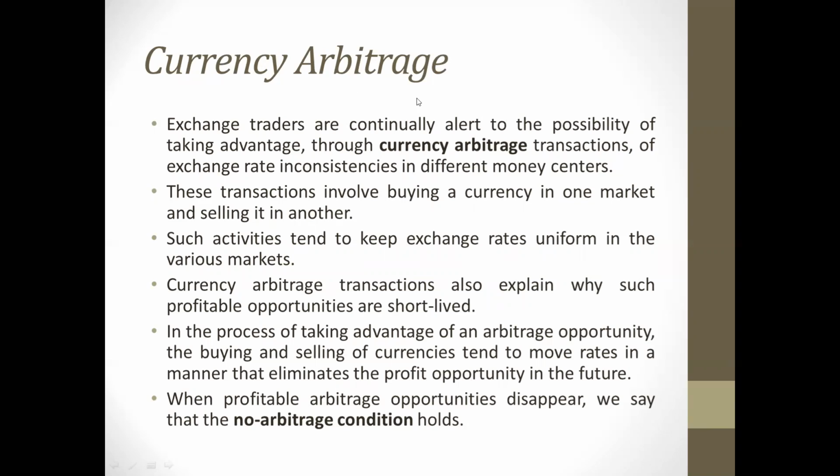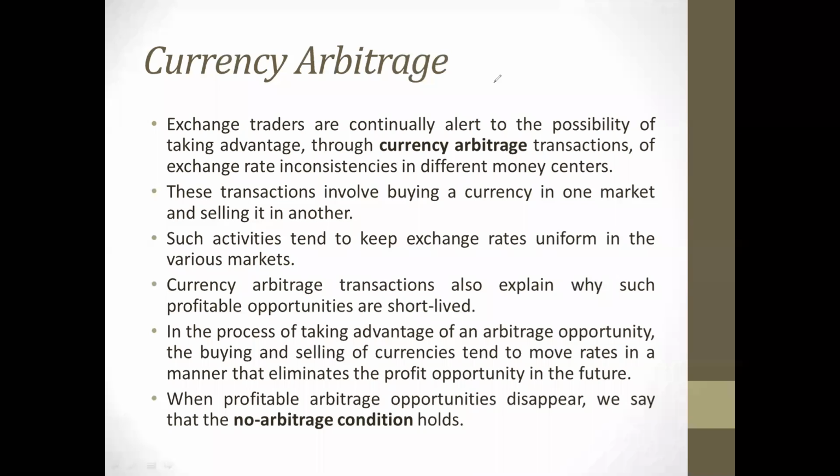So arbitrage can happen in the commodity market as well as the currency market, asset market, and interest rate market also, right? The simple meaning of arbitrage is you buy something at a low price and you sell it at a high price, right?